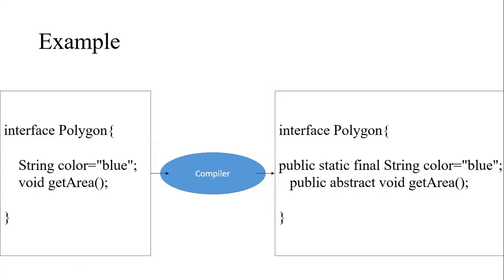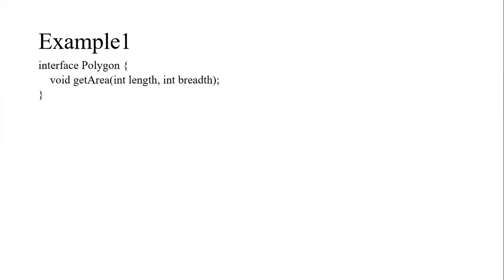Clear with the points? I'm telling you again, all these points we have covered already. The extra thing introduced is this variable, and that variable will be static and final by default. Interface Polygon has one abstract method called void getArea, and it takes two arguments, length and breadth.